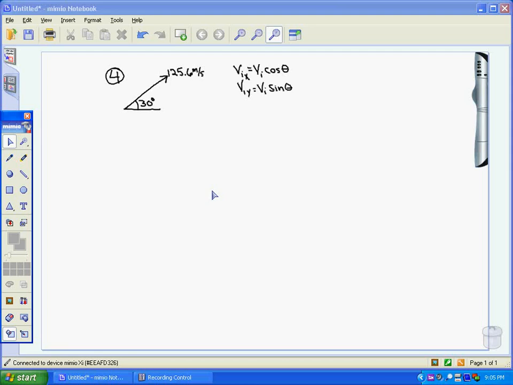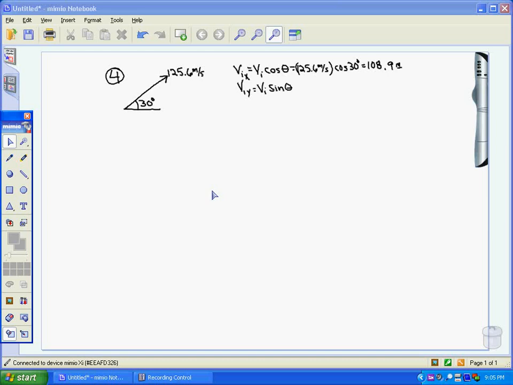So in the x case, this will be 125.6 meters per second times cosine of 30 degrees, which is equal to 108.9 meters per second.